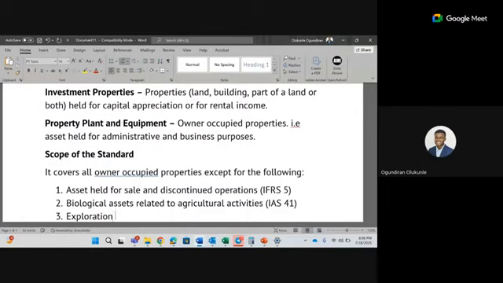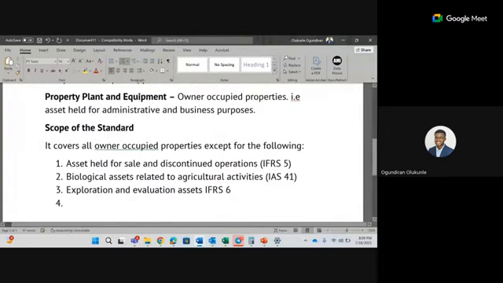You're welcome. Exploration and evaluation assets, that's used in the case of oil and gas, and that is in accordance with IFRS 6. And then some mineral rights and mineral resources.